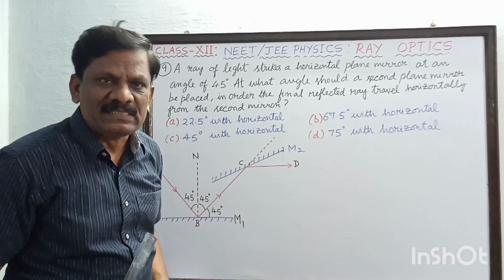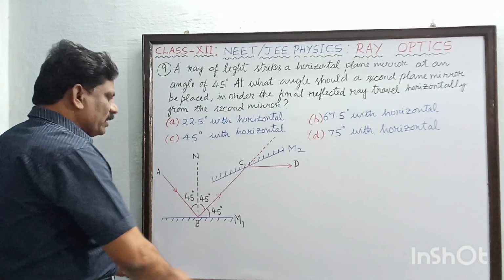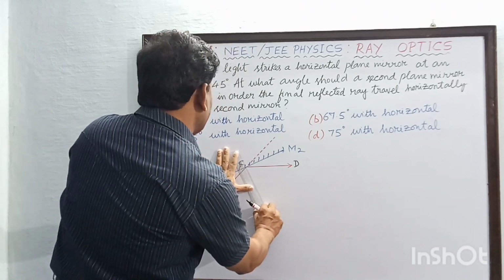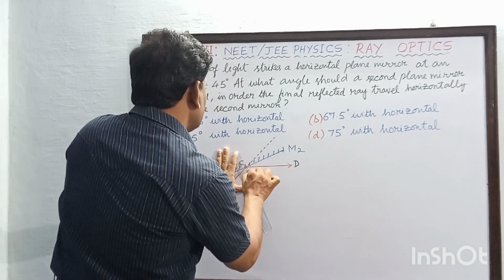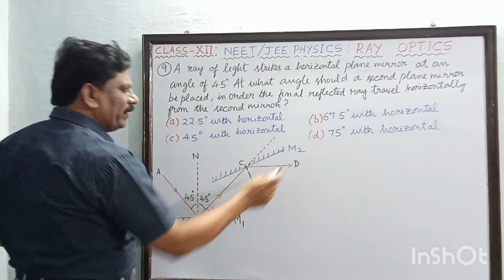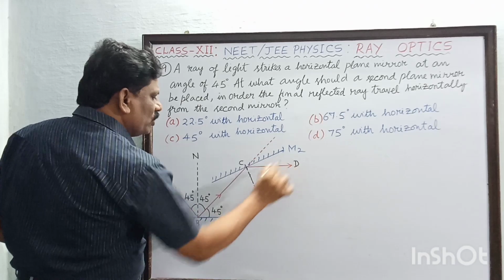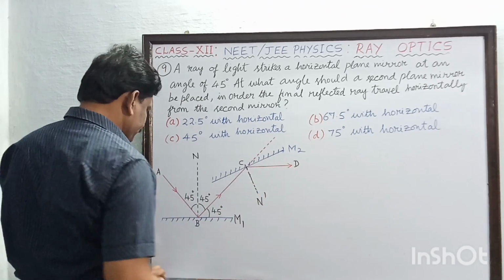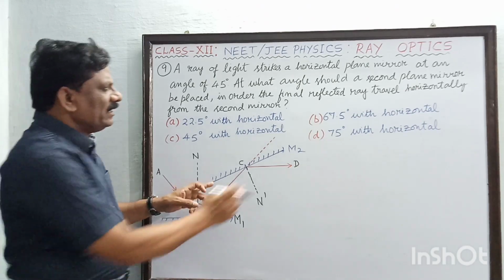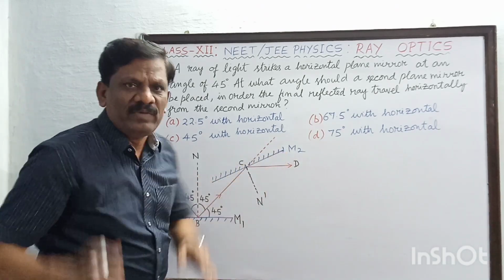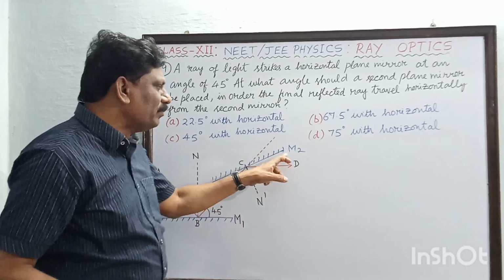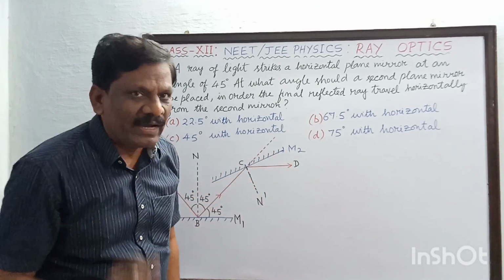Have you all understood first? At this point I should draw a normal now. If I draw a normal like this, this is the normal for the second plane mirror M2. So this is N dash. Suppose the mirror M2 were not placed here, what should have happened?